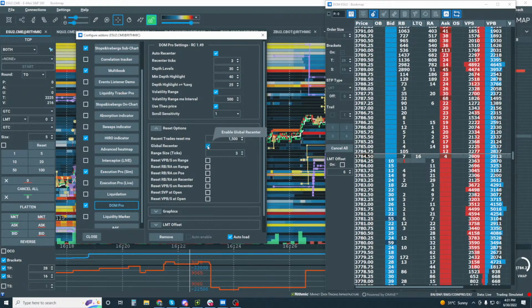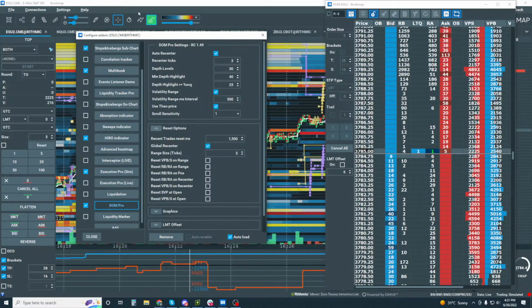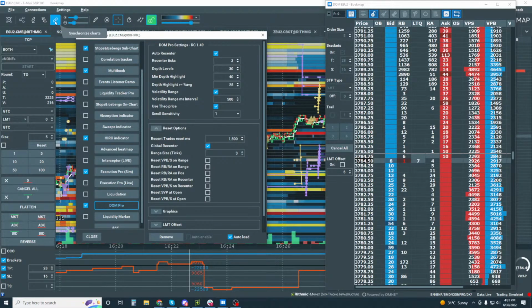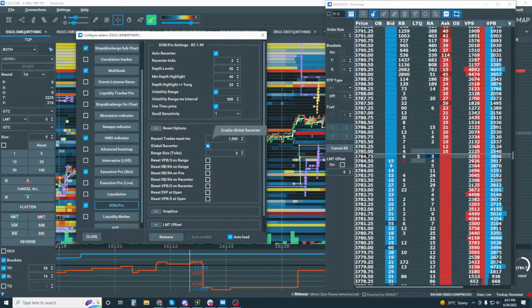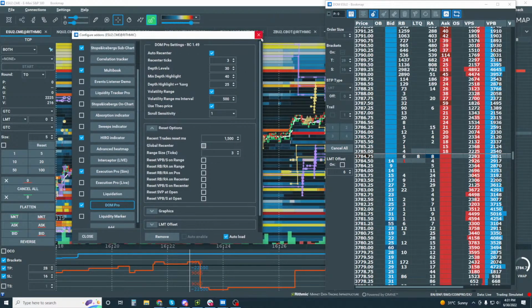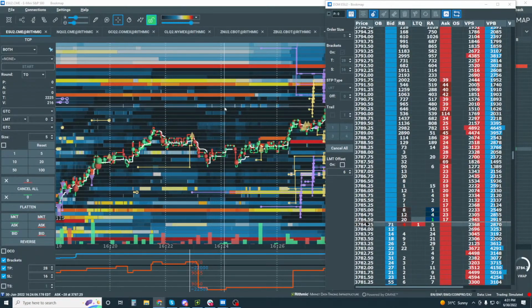If you select ES and you click recenter on the ES DOM, the other will slave to ES. That's the same way we have it with the correlation tool, the synchronized charts tool. Same idea, that's the slave chart where you came from. Correct.